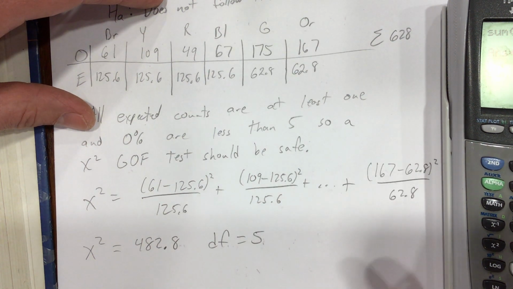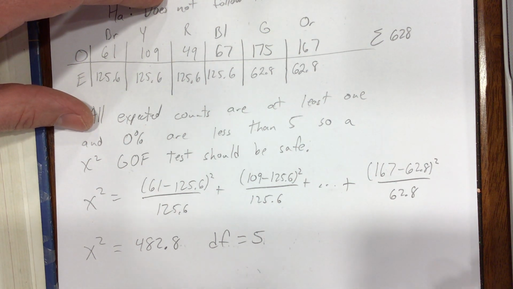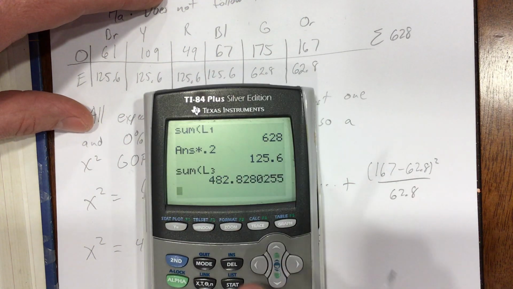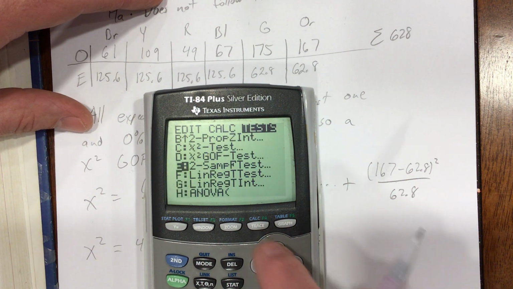Okay. And of course, if you're using your table, that's just going to be way off the side of the table, so you know it's less than whatever the smallest entry is, which is actually 0.0005. If you want a more accurate p-value, that's where you can use your goodness of fit test.